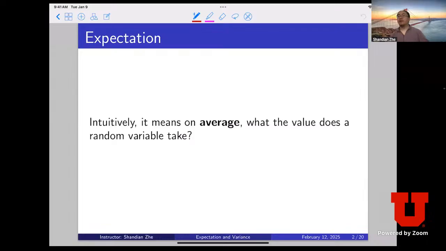That's for discrete random variables only. But when we switch to continuous random variables, your sample space will be continuous, infinite, uncountable, and we map the outcomes in your continuous sample space to some real number.